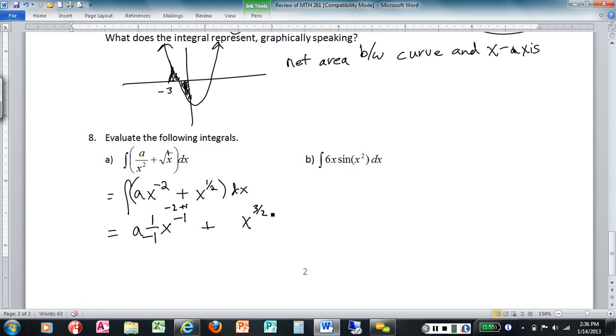And when I do a 3/2 power, what happens to the number in front? It's a reciprocal of 3/2, be 2/3. And then this one is an indefinite integral, so that's where I add plus c. So I wind up with minus a, x to the negative 1, or however you want to write that, plus 2/3, x to the 3/2, plus c.